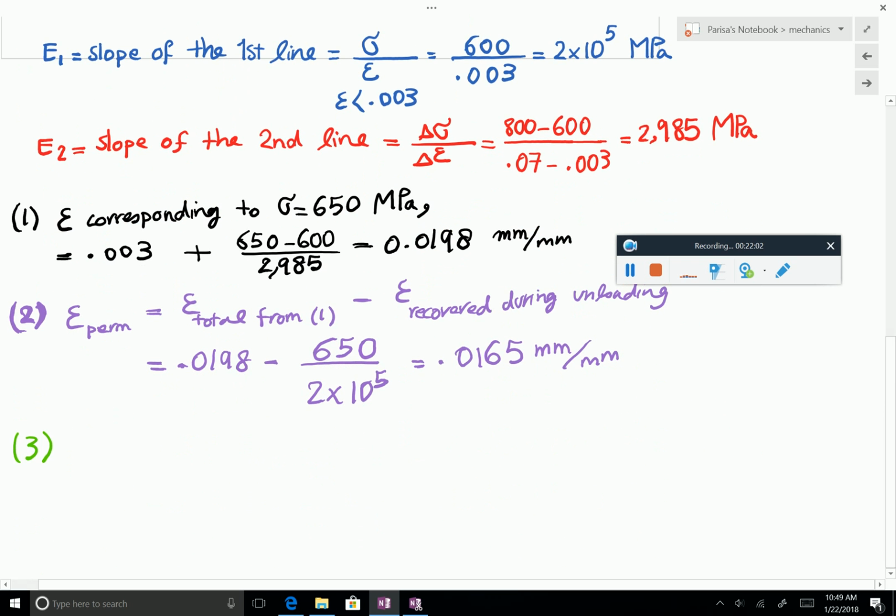So now let's finish this up. So it's very easy to calculate the additional strain. I'm using colors because the figure is becoming complicated. It will be just 625 in this case divided by E1.